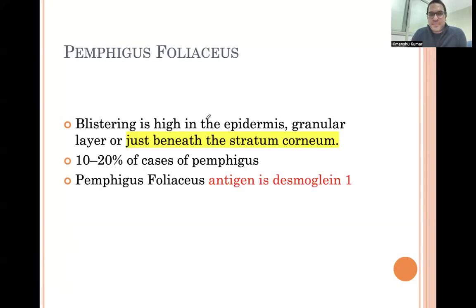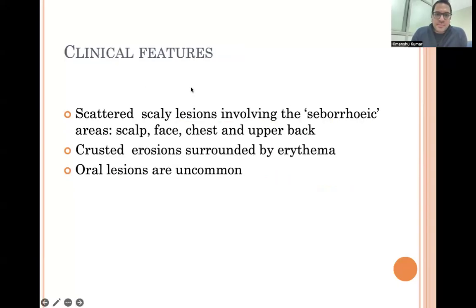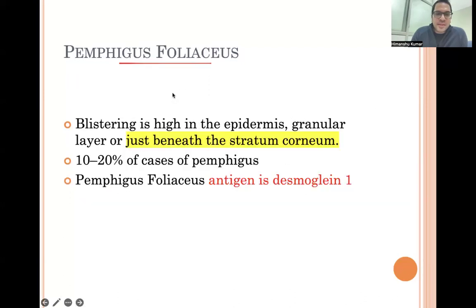Now we discussed pemphigus vulgaris. The second important one is pemphigus foliaceus. So the difference is, in pemphigus vulgaris, the blister usually forms in the lower level of the epidermis. So 1, 2, 3, 4, 5 layers of the epidermis.